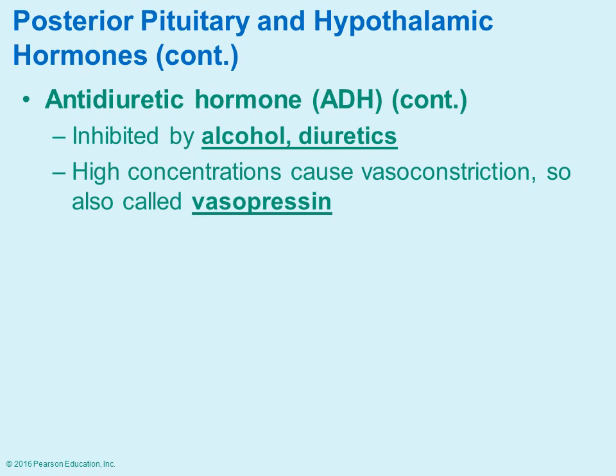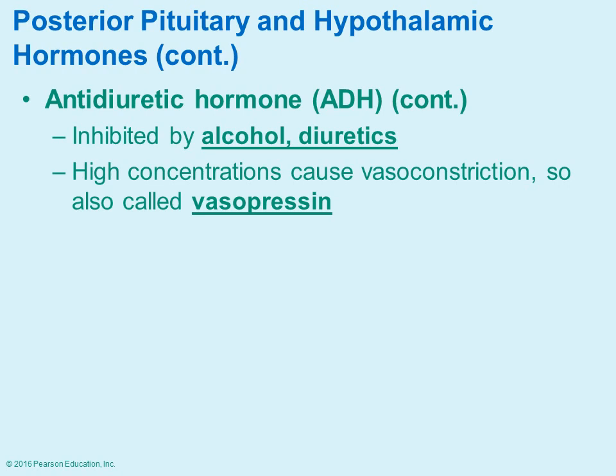Part of it is because it is inhibiting that antidiuretic hormone, so you're releasing even more and more water. You actually may feel dehydrated after imbibing a lot of alcohol because you're not retaining the water like you should.